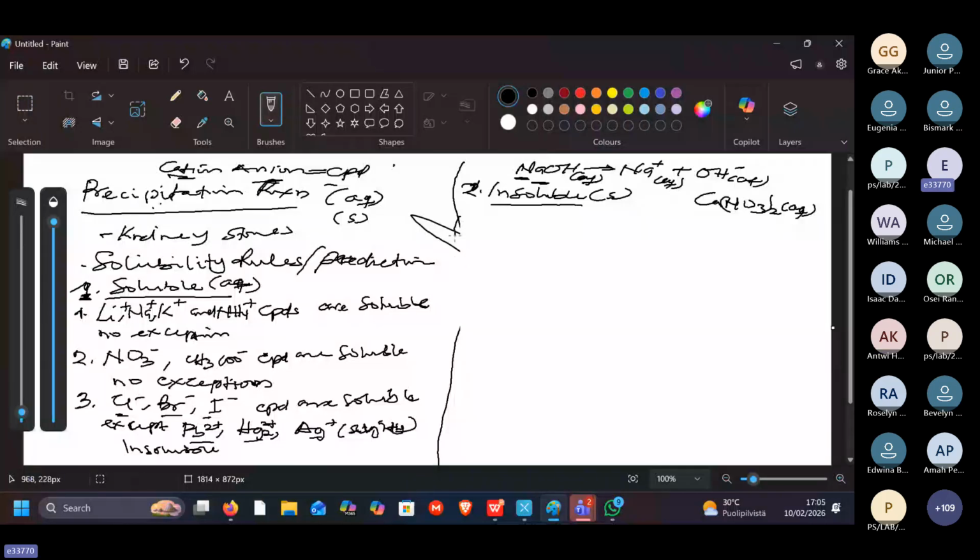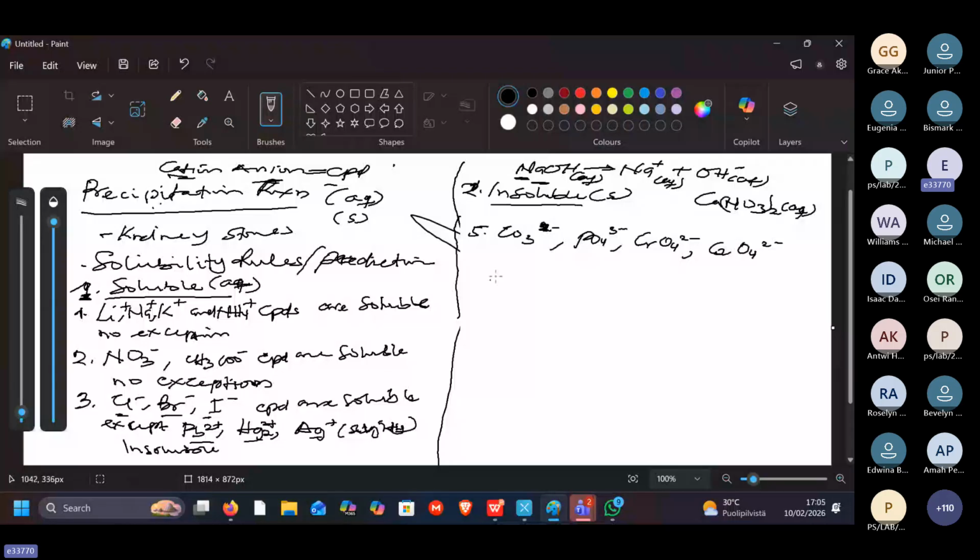Okay. Now let's come to the insoluble rules. For the insoluble rules, we can continue with other kinds of anions, such as carbonate, phosphate, chromate, the chromate is CrO4 2 minus, and oxalate, C2O4 2 minus.